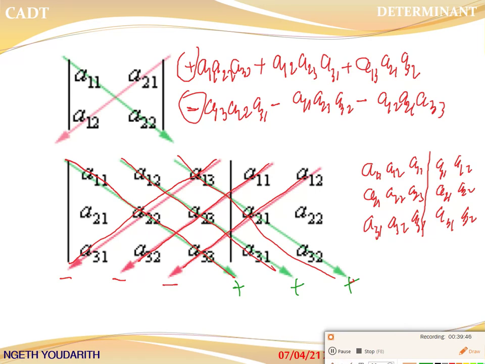You think about this one. This one is plus, plus sign, plus sign. What about this one?